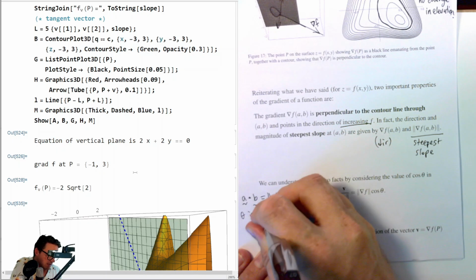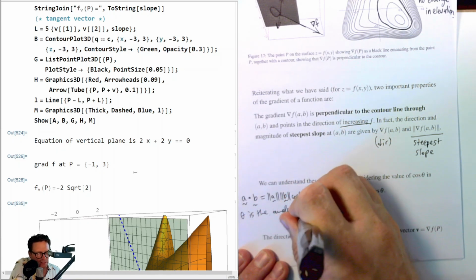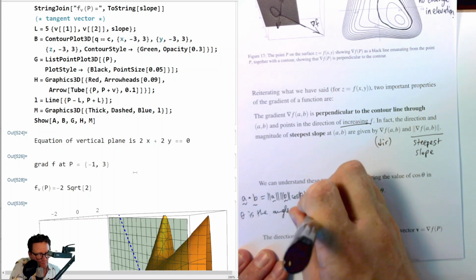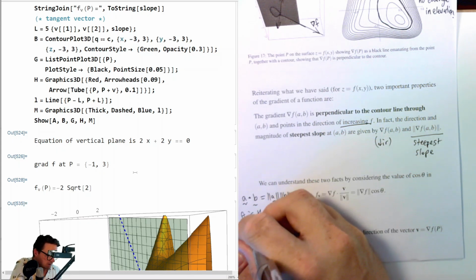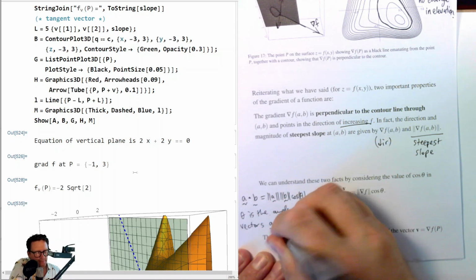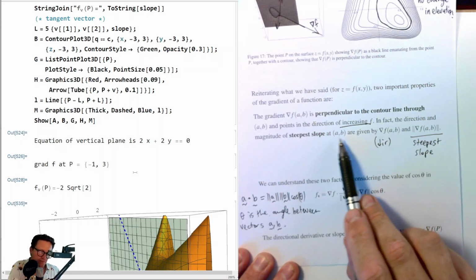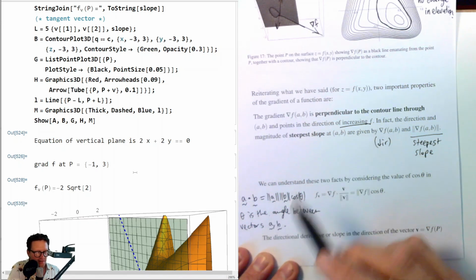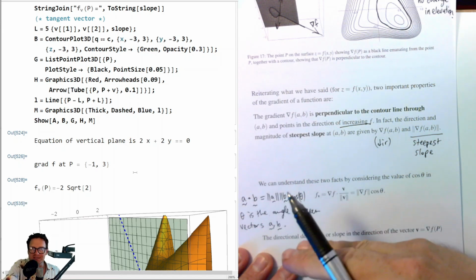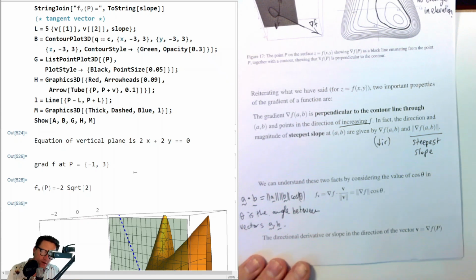Theta is the angle between vectors A and B. Okay, so not these a and b, because these a and b are referring to the point. So I'm just reminding you of this identity for vectors. The dot product is the product of the norms times the cosine of the angle between them.